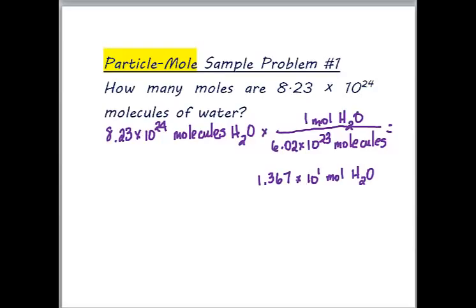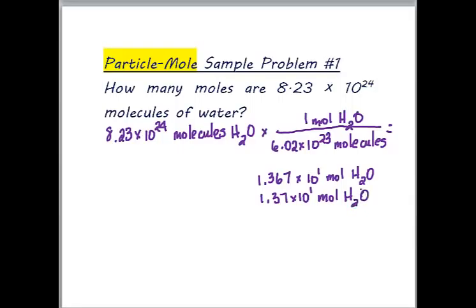The next consideration is significant figures. 8.23, that is 3 significant figures, so let's make sure our answer contains 3 significant figures, and let's go with 1.37 times 10 to the first, because that would be proper rounding, and that of course is moles of water.